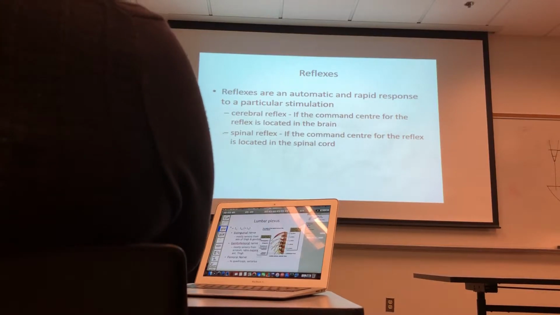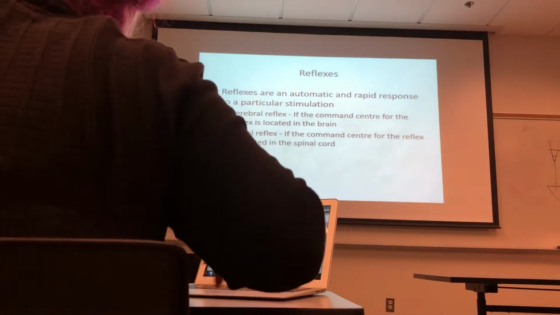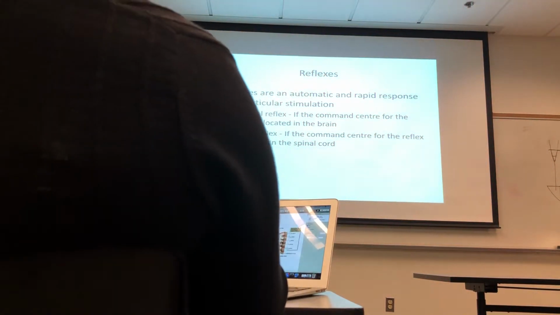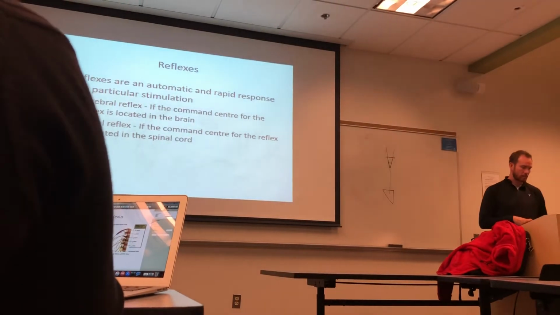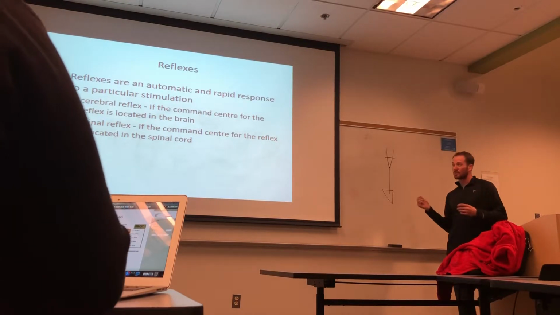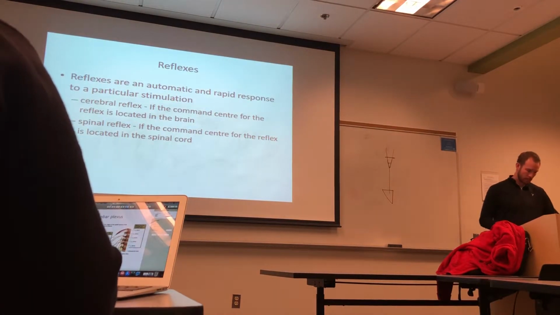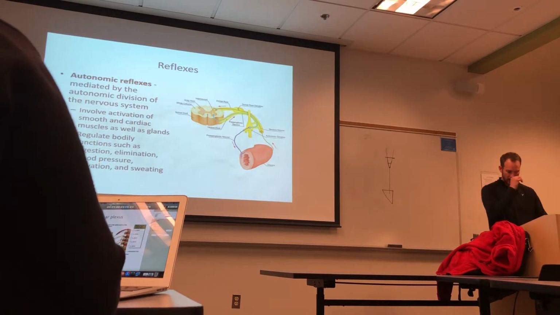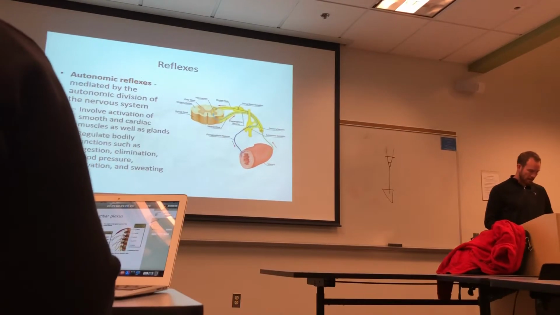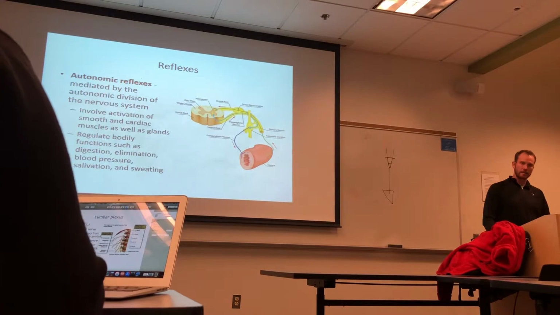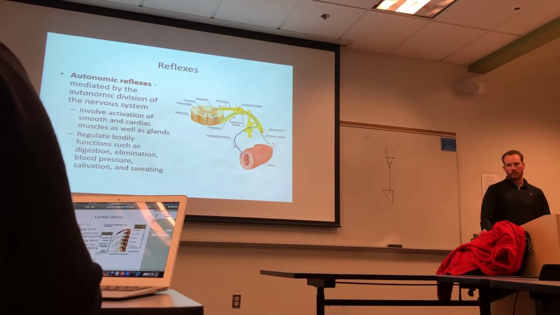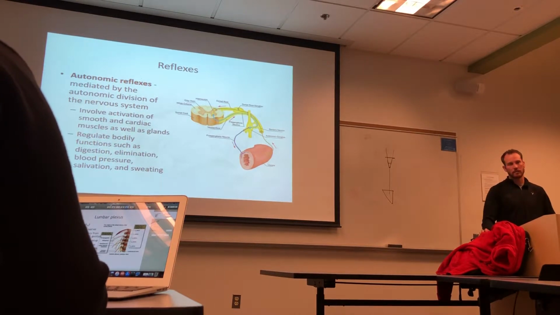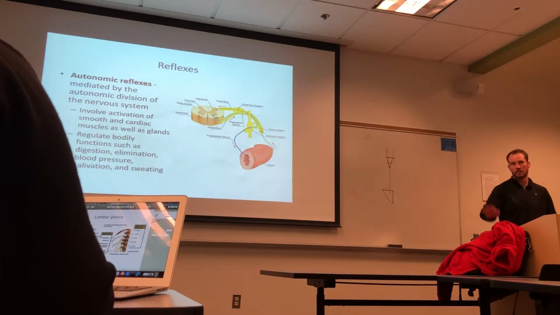Reflexes are an automatic and rapid response to a particular stimulus. There's cerebral reflexes that remain in the boundaries of the brain and the brain stem. Then there's spinal reflexes that come from or pass through the spinal cord. We'll just talk about spinal reflexes pretty much. Like I said, it's automatic, so it's without conscious control. You can think of the deep tendon reflex where the doctor whacks your tendon, fires stretch receptors, and your knee jerks without your control, right?